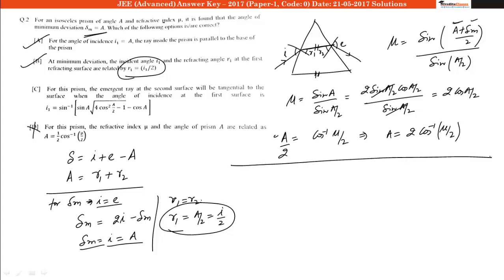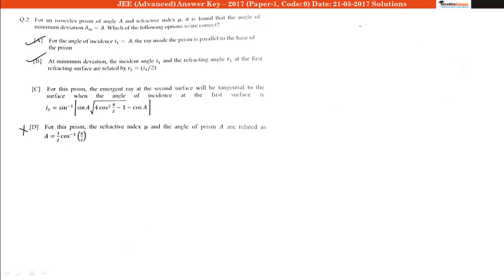Now let's discuss option number 3. I am clearing this board and then we will discuss it. Option C says that for this prism, the emergent ray at the second surface will be tangential to the surface when the angle of incidence at the first surface is I1, and we are given the value of I1.